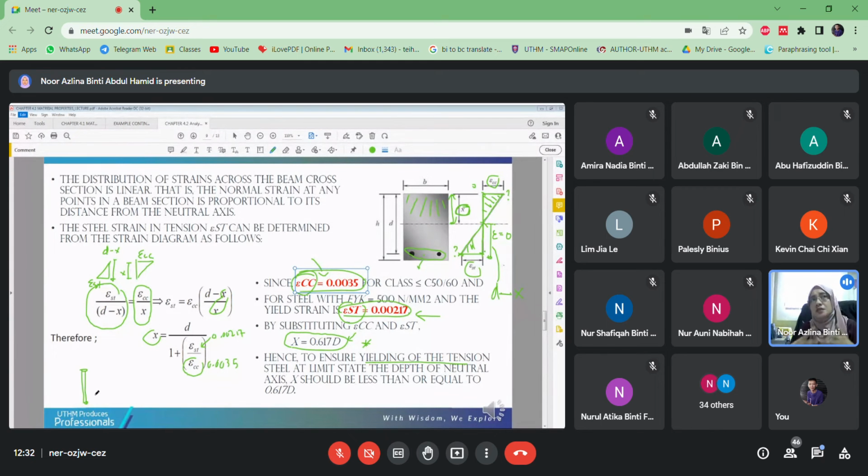It still does not utilize all its strength and properties. So we want to make sure the steel achieves this yield strength. To ensure that, the X value here, the length here, should be 0.617D. That is what it means in the stress block diagram here.